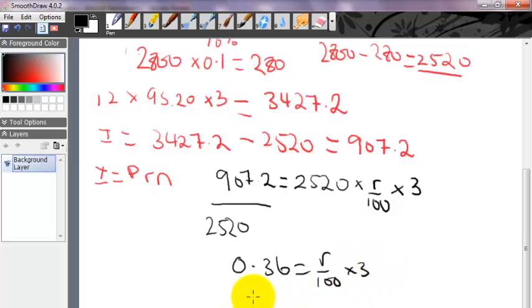I divide by 3. I should have written that as well here. That cancels out though. So 0.36 divided by 3 is 0.12. Right? And then I go times by the 100. That's why I do the division of 100 here. Because a lot of people would think that's the rate. That's not a rate. Right? That's in decimal form. So obviously when you times by 100, you get R equals 12%.